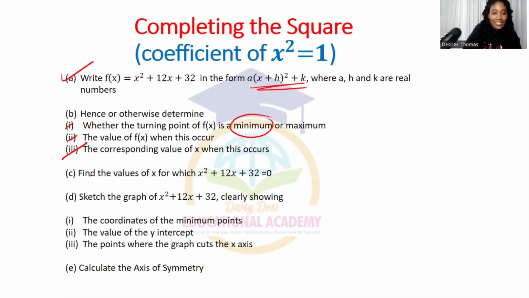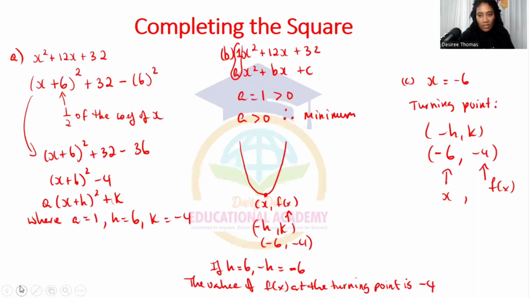So part C says, find the values of x for which x squared plus 12x plus 32 is equal to 0. Now, there are two ways to do this. We can factorize it, or we can use what we had already. Let's use what we had at first. Now we could factorize it. Most times students factorize it, okay?